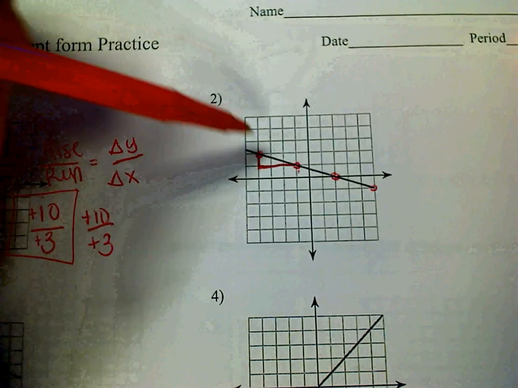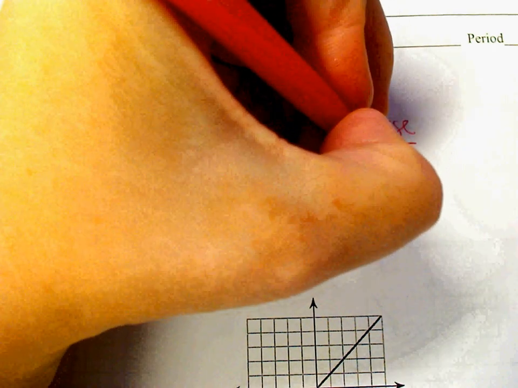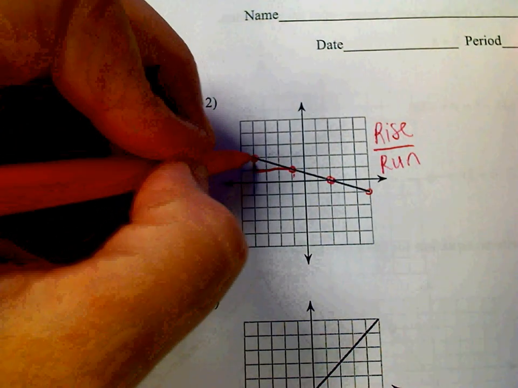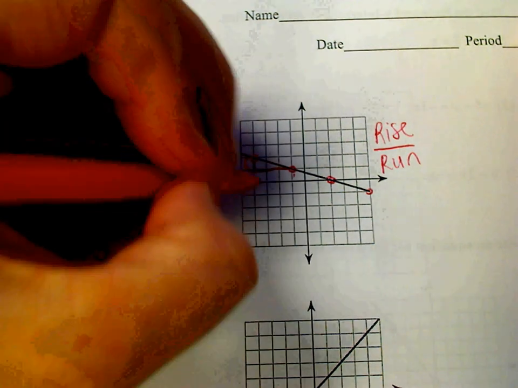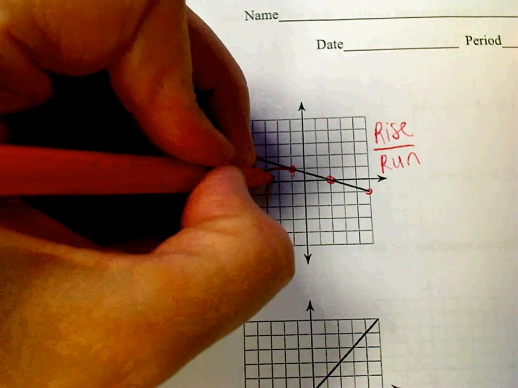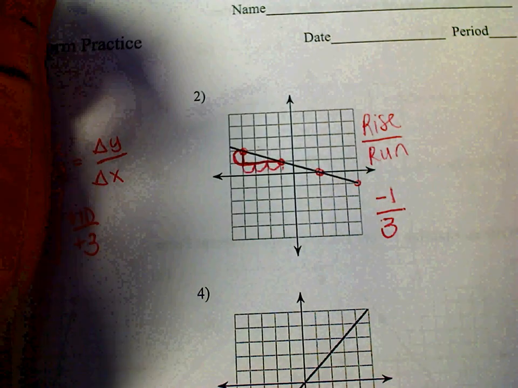Remember to do rise over run. We start by going down 1, and then right 3. Since we went down 1, that's negative 1 as our rise, and then right 3, that's positive 3 as our run. And there's my ratio, negative 1 over 3.